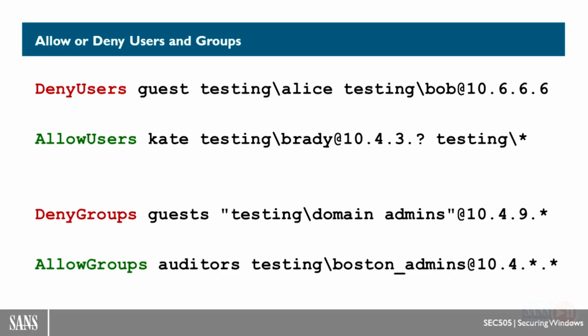As you can see on the last line, the auditors group is allowed, but it doesn't matter, because once one of the prior lines matches your user account or one of your group memberships, well, then it's that prior line that determines what happens to you. So this is very nice, to be able to combine group memberships with source IP addresses. Very nice, especially when we consider things like jump servers and admin workstations.